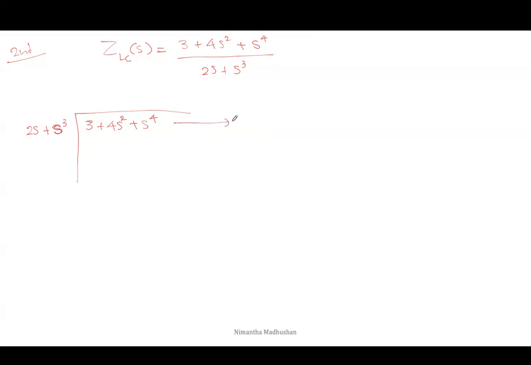From this one, 3 over 2s, 3 plus 3s squared over 2, 0 plus 5s squared over 2 plus s to the power 4.